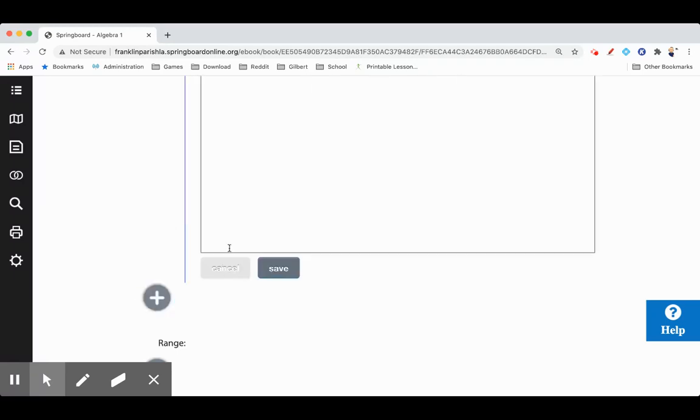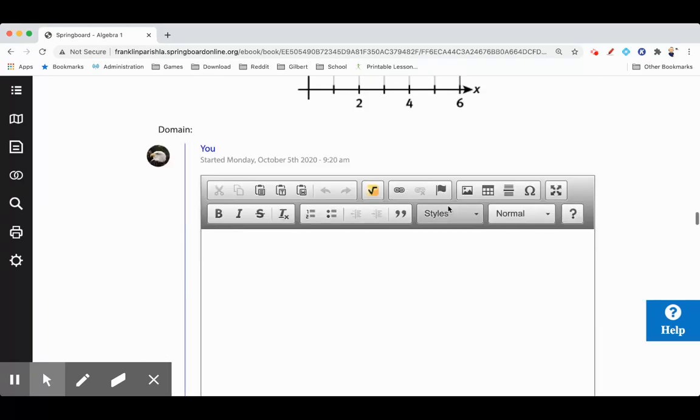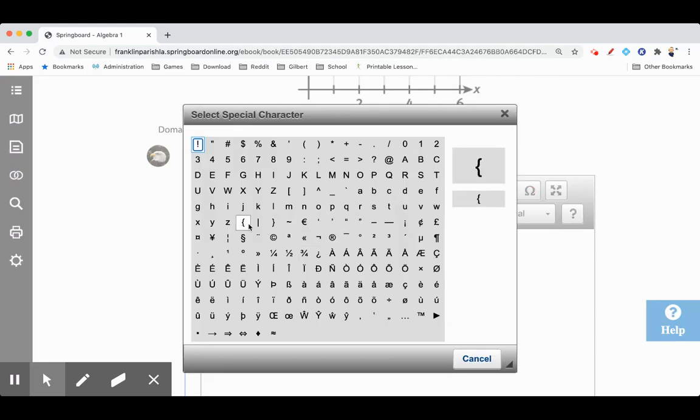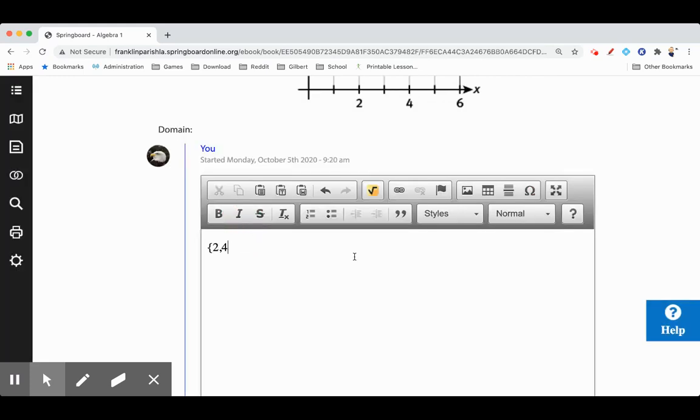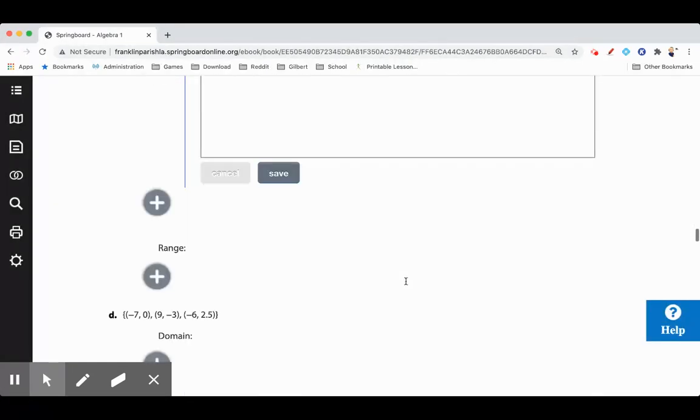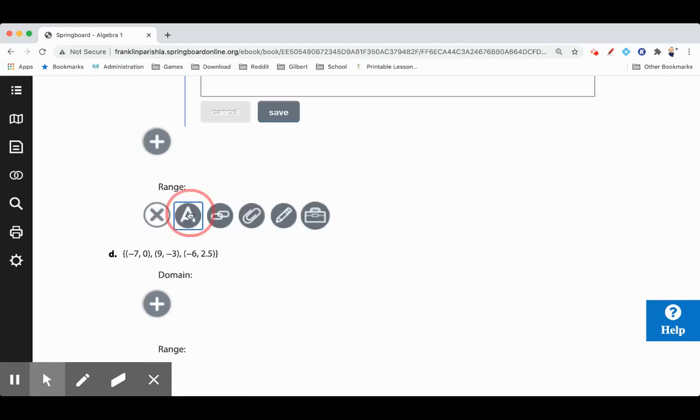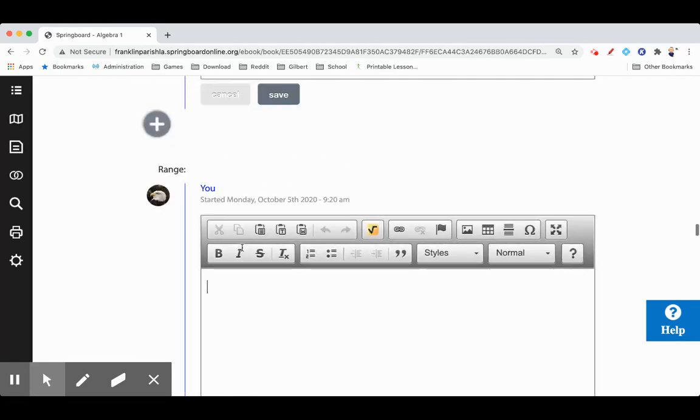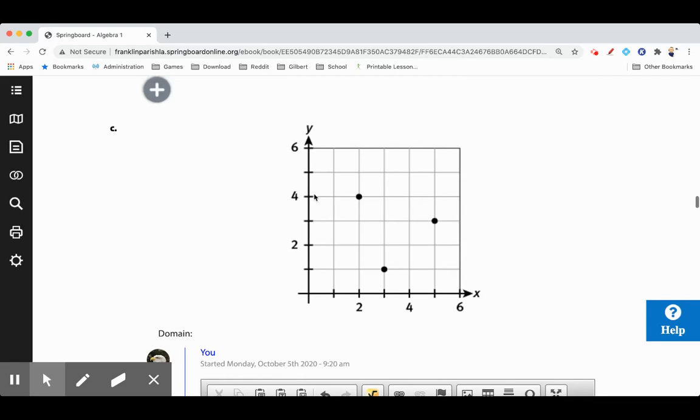We can put that down real quick. 2, 3, and 5 will be the domain, the input, and then the range will be the y-axis, the output, 4, 1, and 3.